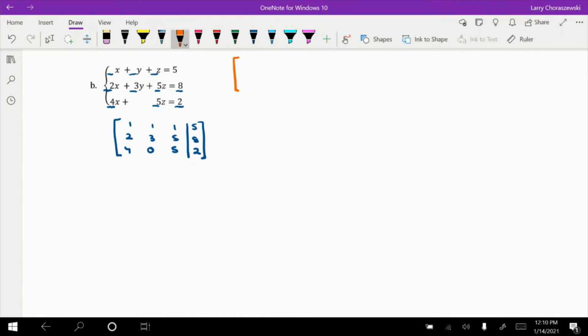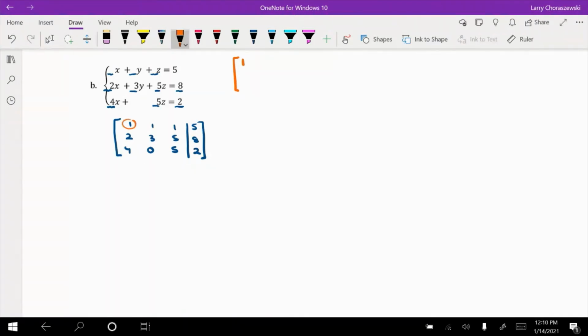So a little bit ago, I mentioned that there's a standardized process that will help us all perform the same row operations in the same way. The first step of that standardized process is to get a leading 1 in your first row.